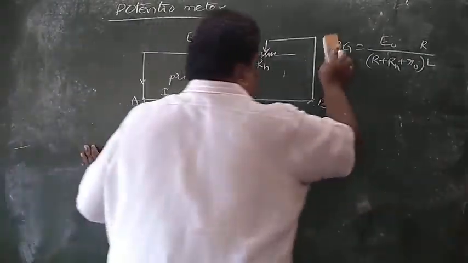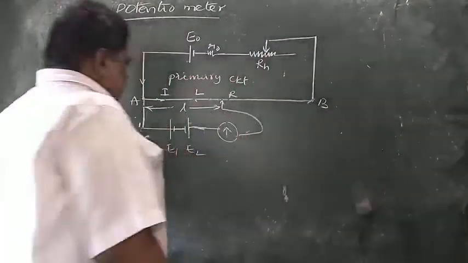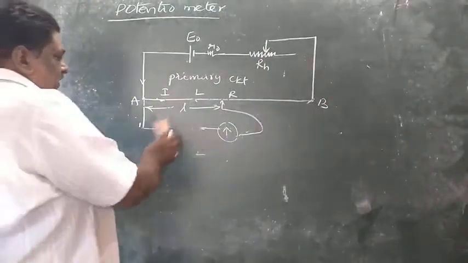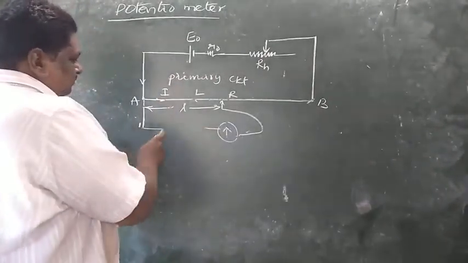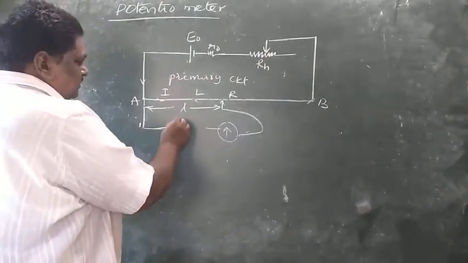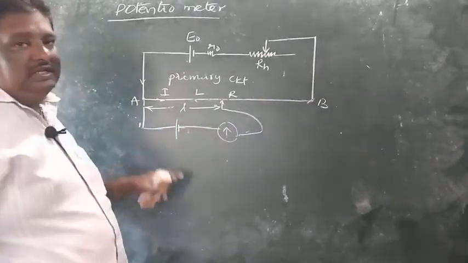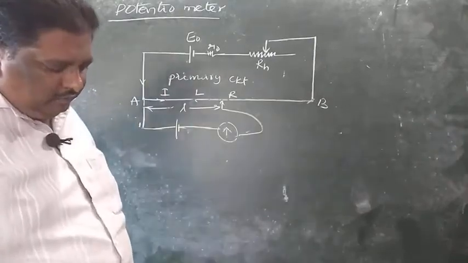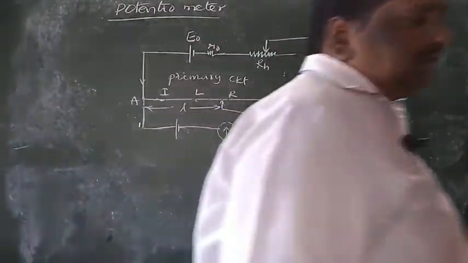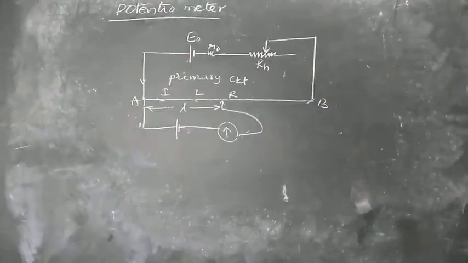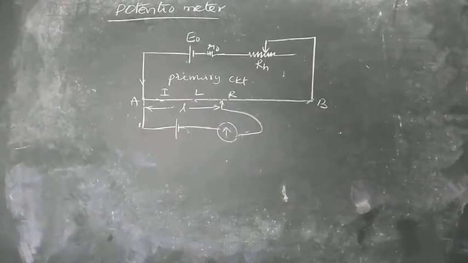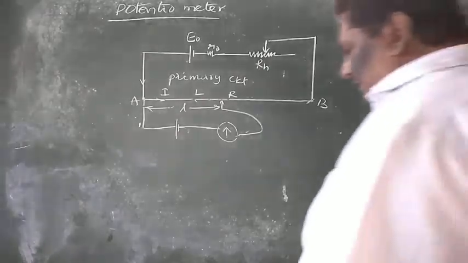Next, finding internal resistance. Here one cell is taken. It has some internal resistance, and we want to find it. How to find it?